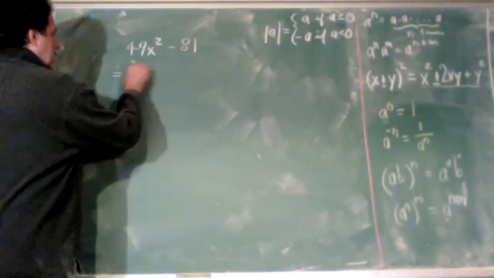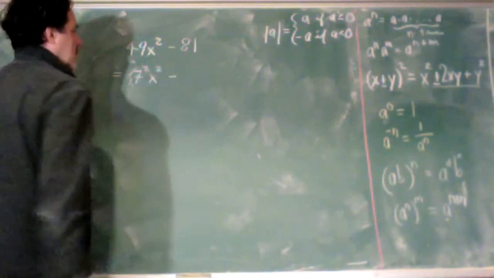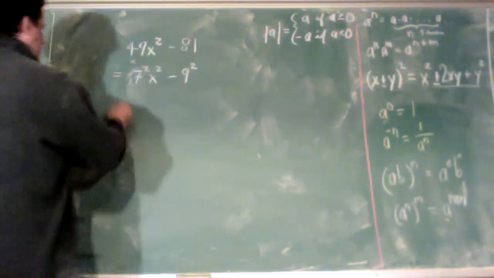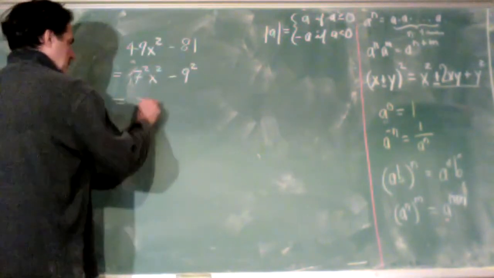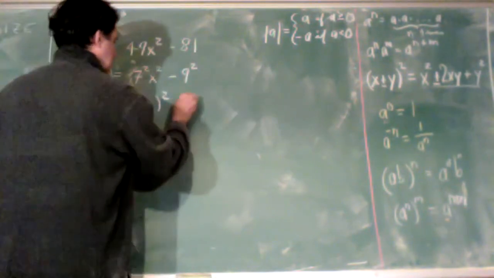Let me write it this way again. 49 is 7 squared. 81 is 9 squared. Everything there is squared, squared, squared. So I have the quantity 7x squared by our power rule, minus 9 squared.